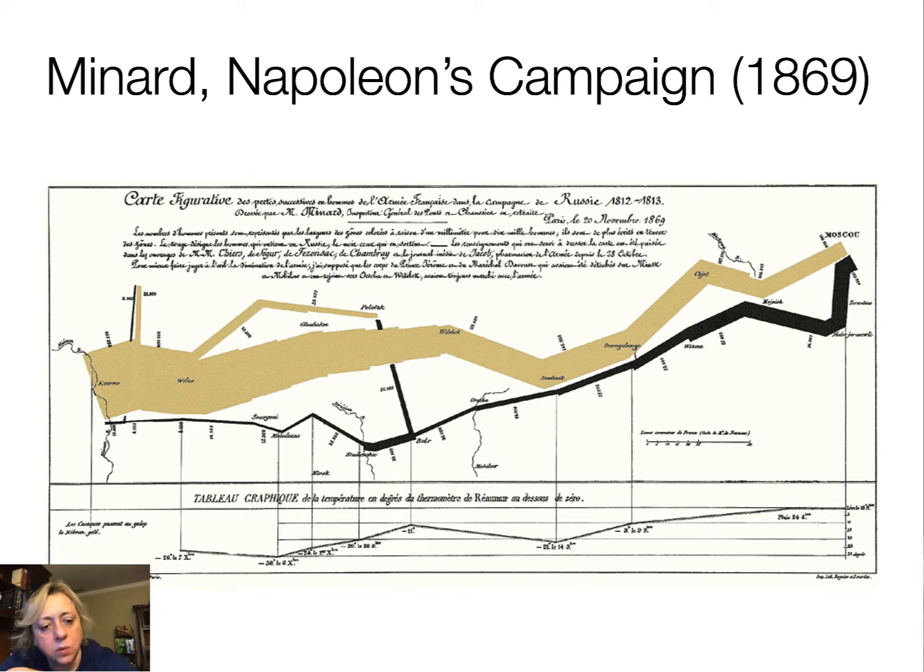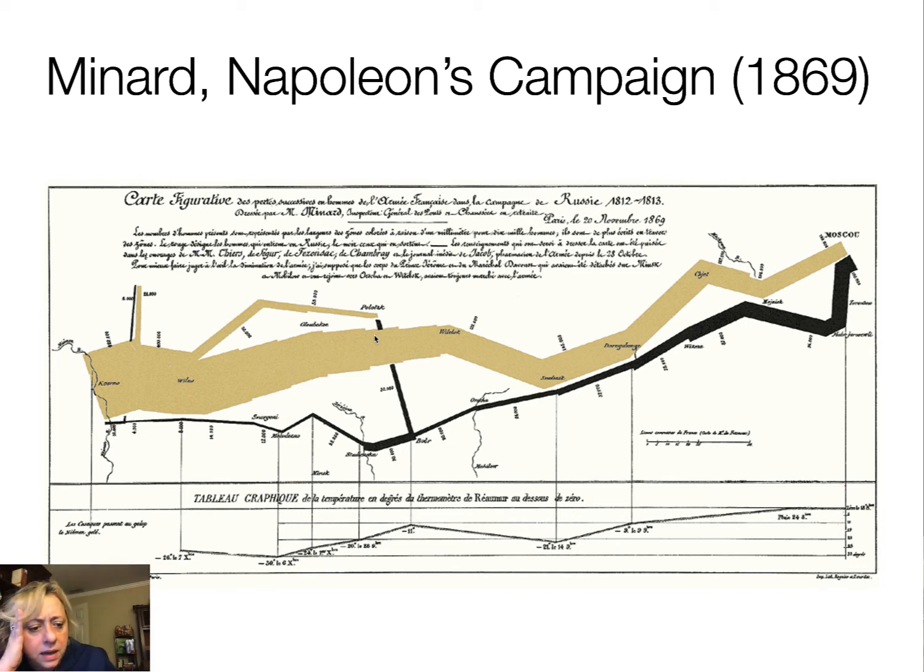So this represents what Napoleon did, by Minard as I said, and it shows the size of his army during the Russian campaign where he invaded Russia in 1812.